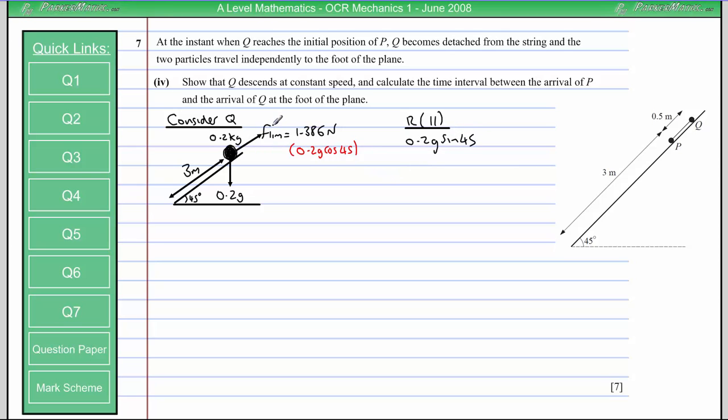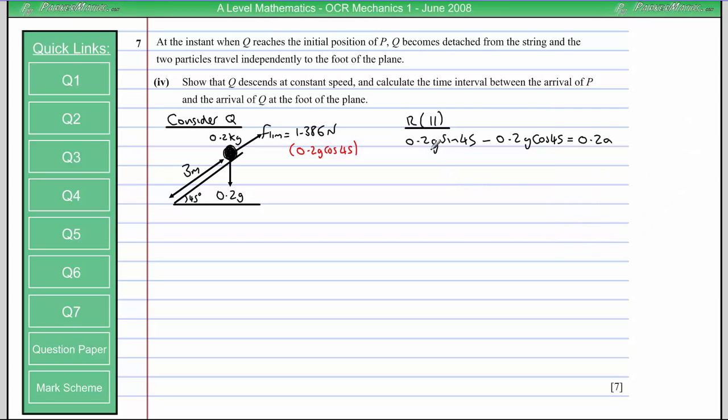We've got limiting friction going in the other direction, that's going to be negative then, and I'm going to use the exact value, so 0.2 g cos 45, and that's going to equal mass times acceleration, so 0.2a. Let's factorise this to make it a little bit easier to deal with. So we'll get 0.2g and we'll have sin 45 minus cos 45 equals 0.2a.